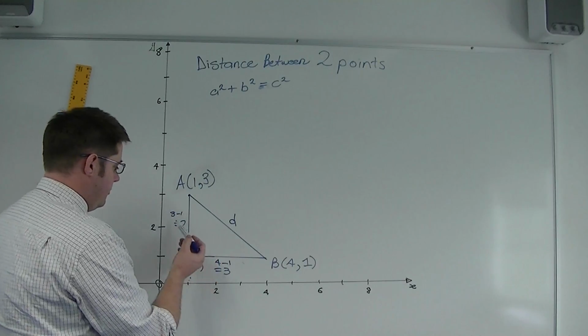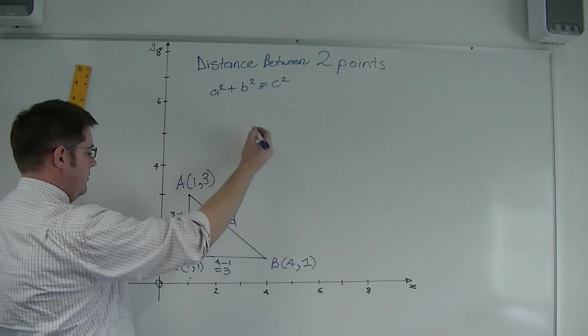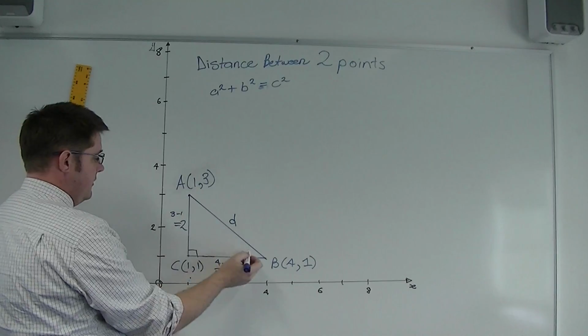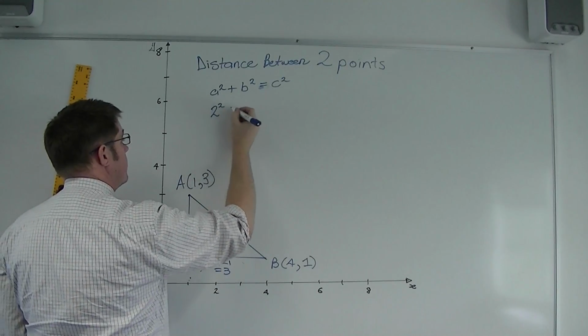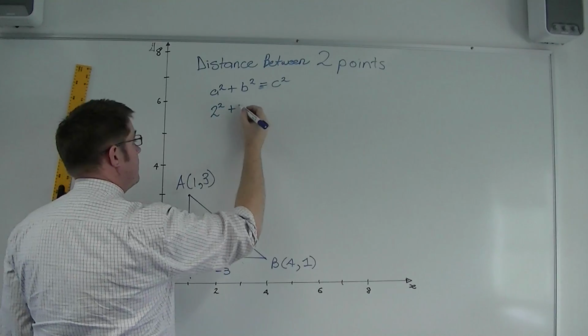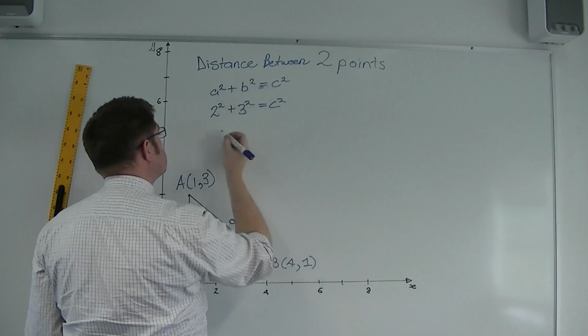So now that we know the two sides of the right angled triangle, we can use Pythagoras to determine this distance here. This would be 2 squared plus 3 squared equals c squared.